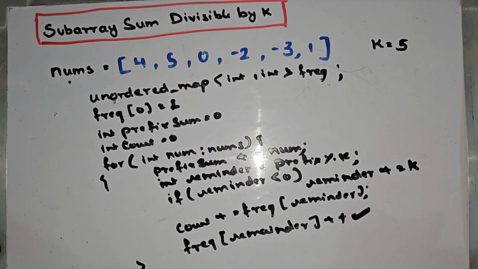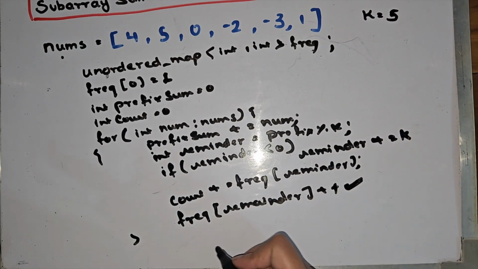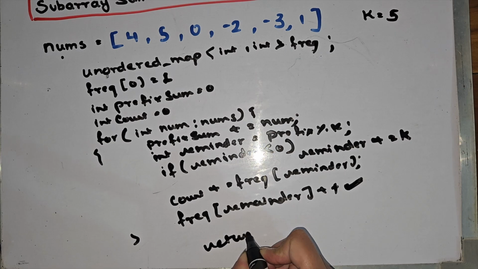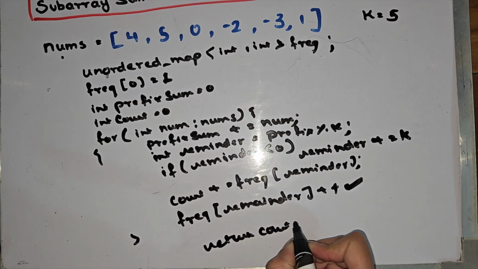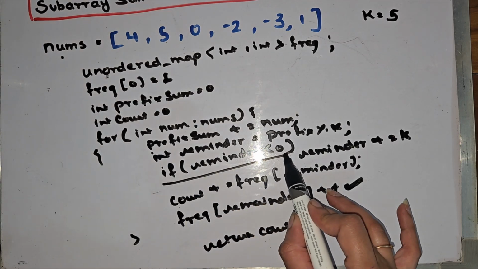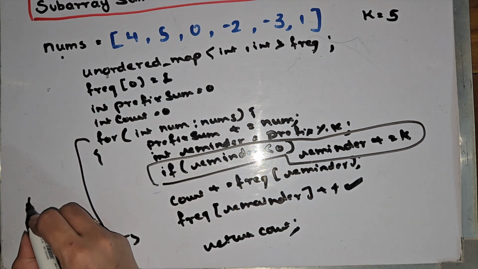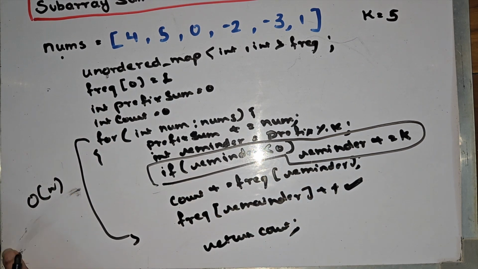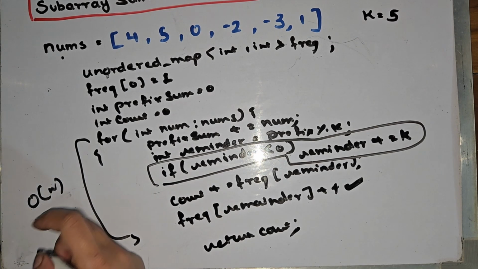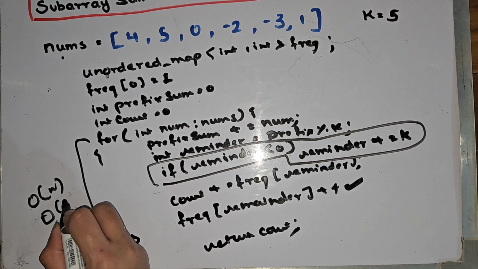So this is the code that we have. At last we will return count. The main thing here is the remainder handling that we are doing. This takes order of n time complexity, and space complexity is also order of n.